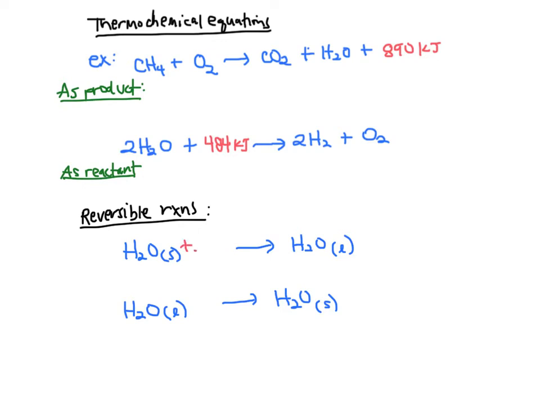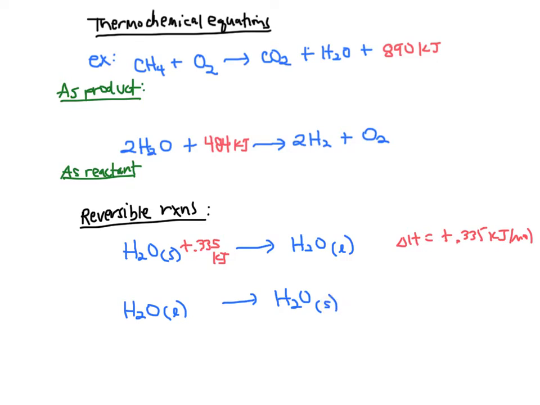It takes in about 0.335 kilojoules per mole of water to melt. So our delta H would be a positive 0.335 kilojoules because we're adding energy to our water to make it melt. But the reverse reaction, where liquid water is turned into a solid, is the opposite.